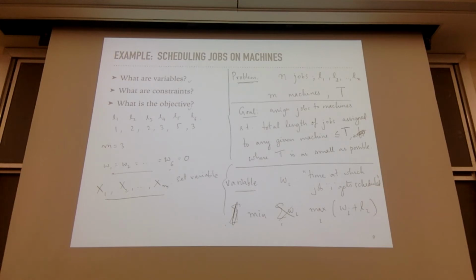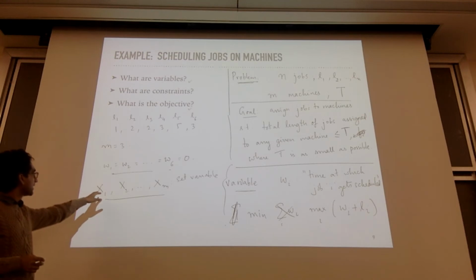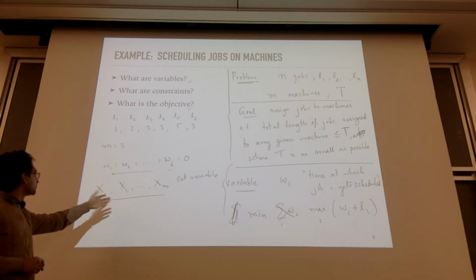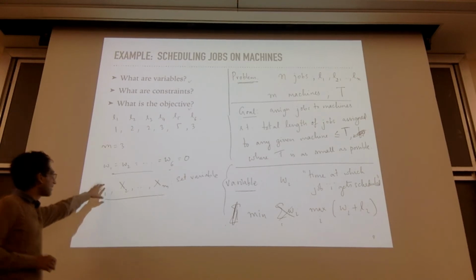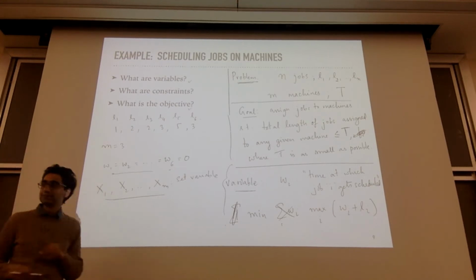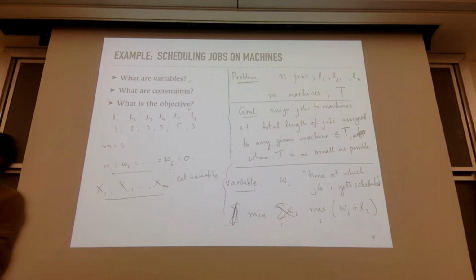But the set variable does bring about an interesting aspect. Perhaps you've got to have some notion of what machine a job is assigned to, or what jobs are assigned to one machine.